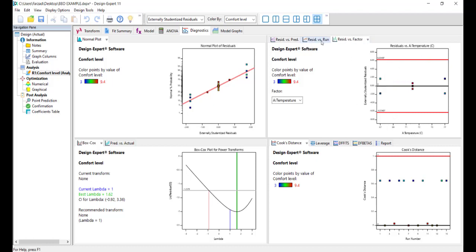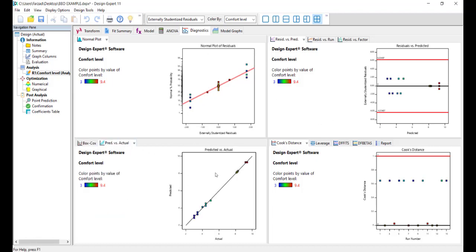So you can see that all of these graphs for the diagnostic part are normal, and you cannot see any problem with our model.